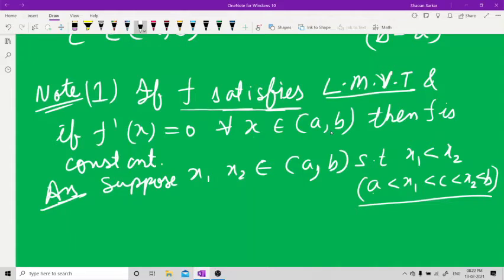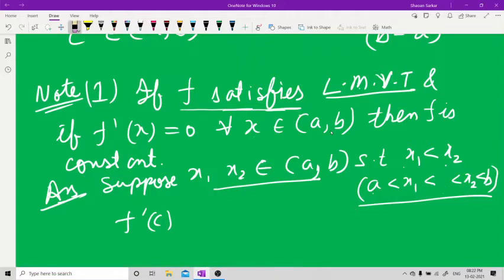For that, I'm selecting x1 and x2 which are inside (a, b), such that x1 is less than x2. And since this function satisfies Lagrange, there is a point c, or let us say this c is an arbitrary point, so we can call it x also, no problem.